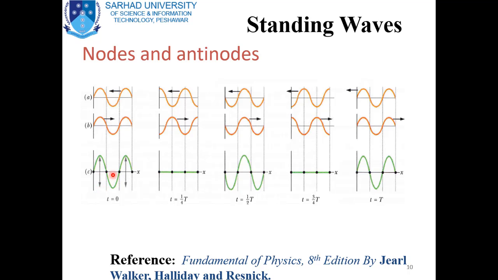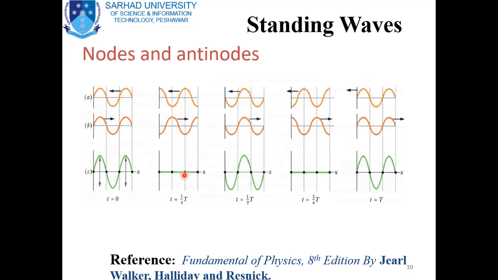The maximum displacement here is represented by the double arrow vertical line. This part is known as the antinodes and the black dotted line represents those positions where the string does not vibrate and these positions are called nodes.